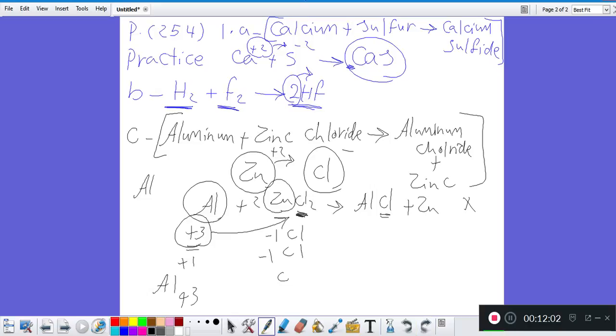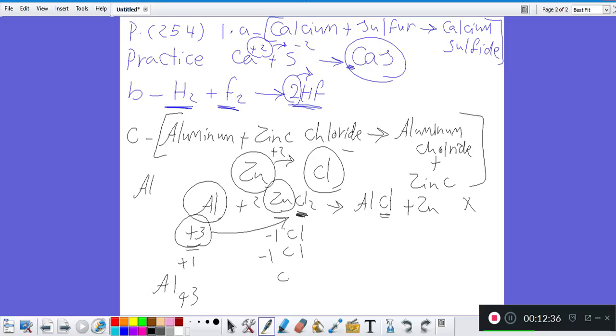But actually, after adding 2 here, we didn't raise the coefficient number for zinc, but also the coefficient number for chlorine. In that case, we got 4 chlorine. 4 chlorine requires another aluminum atom to enter the reaction, but that aluminum atom is also going to donate 3 electrons. The 3 electrons need an extra chlorine atom. We are going to raise the coefficient number to equilibrate the number of electrons lost from the 2 aluminum.